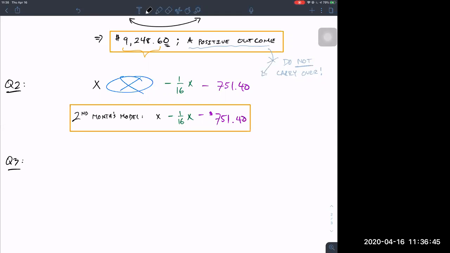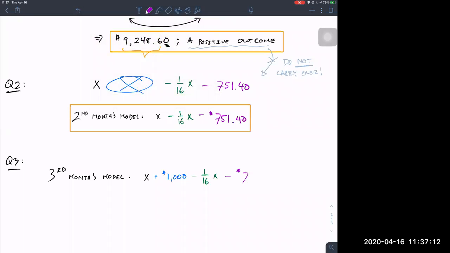It's a progression. So for this third month's model, everything stays the same, except now you have to remember that this $1,000 stipend comes back. That's where it's important, because if I decide to throw in an every-other-month constant in a model, people will normally forget that.